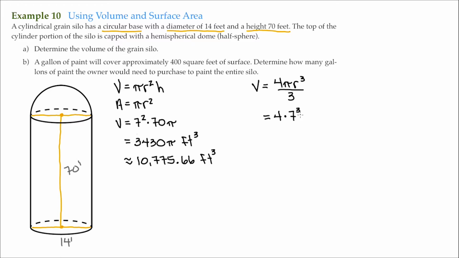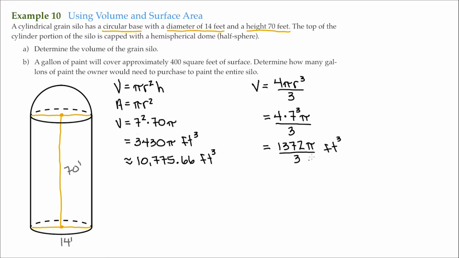Again, r, that's the radius, and the radius is 7 feet, times pi over 3. This comes out to be 1,372 pi over 3 cubic feet.